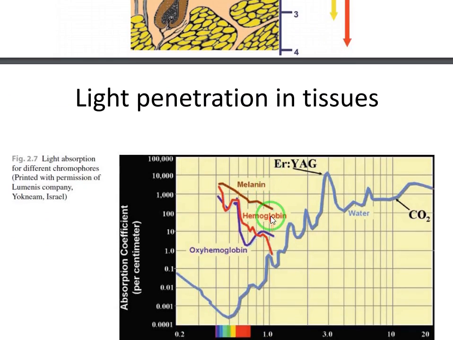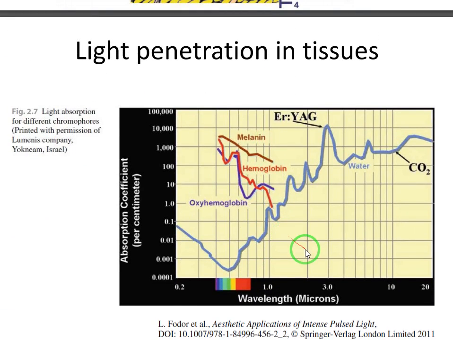And why is this happening? This is due to the different absorption coefficients of two molecules which are found within our body: one is hemoglobin and one is melanin.